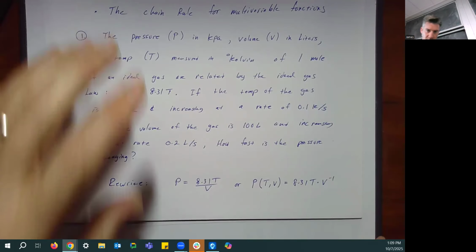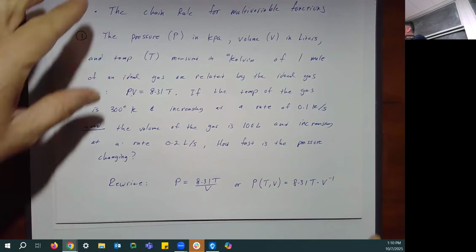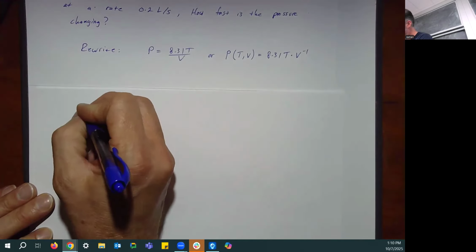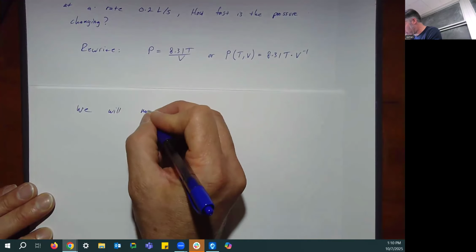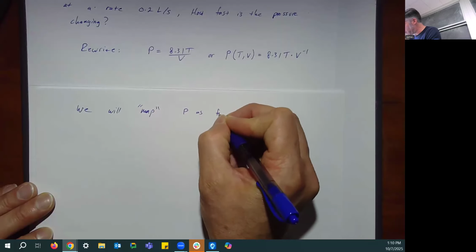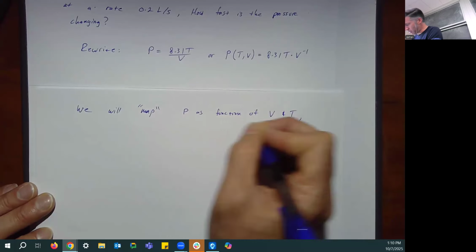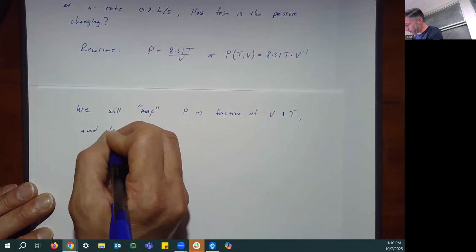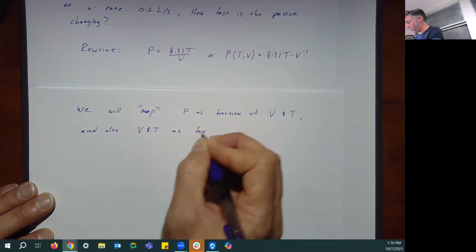Here's what we do. Oh, and then, well, let's just make sure I'm not missing anything here. Yeah. So we're going to model this with a mapping. And this mapping is the part that we really need to kind of be aware of. So we're going to map P as a function of both volume and temperature, and also volume and temperature as functions of time.